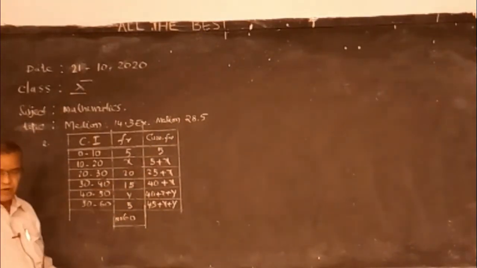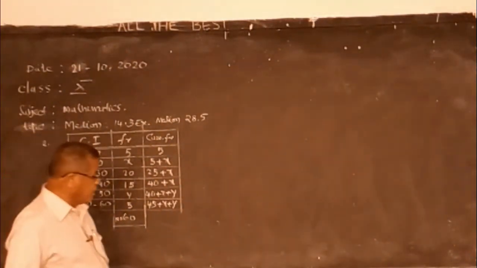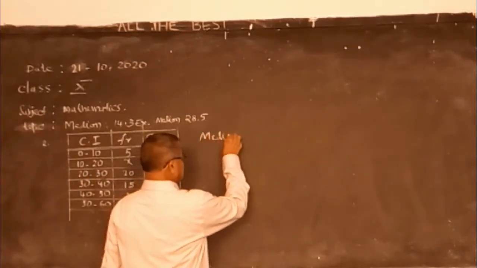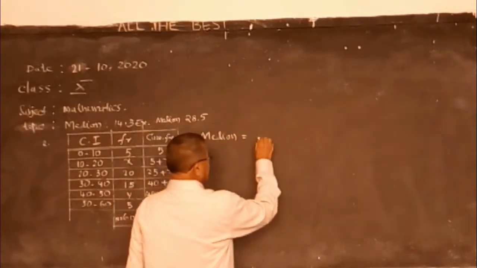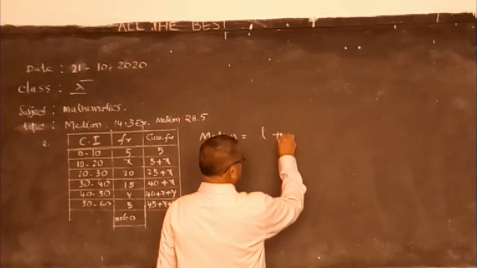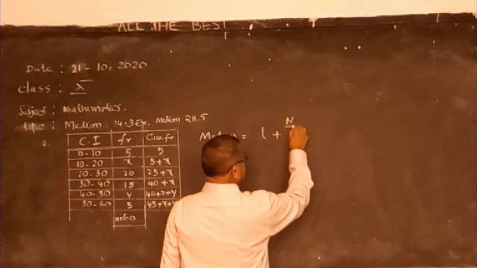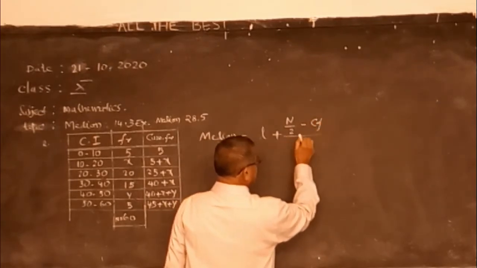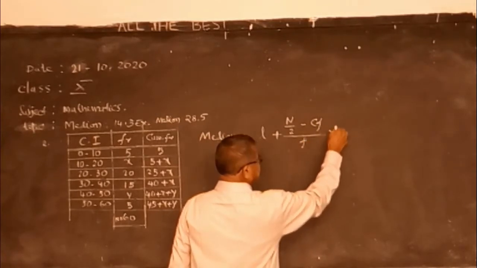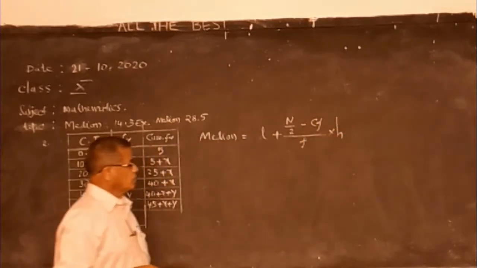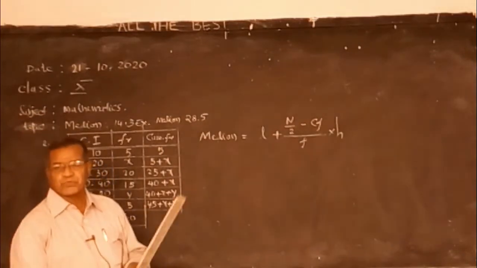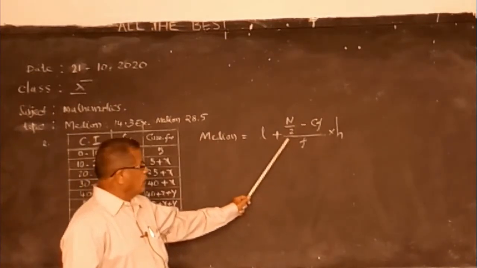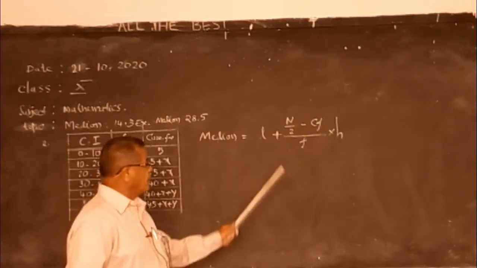Now, given the median, write the formula. Median formula: Median is equal to L plus (N by 2 minus CF) by F, into H. See, you draw a line with subtraction after plus.